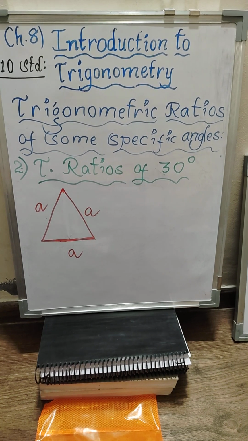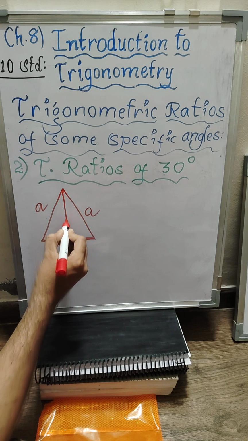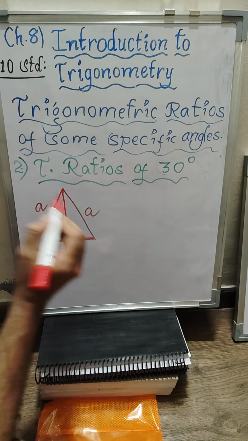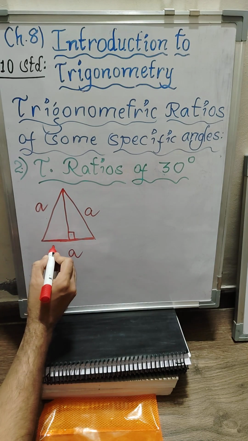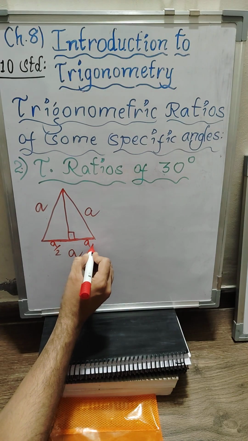Secondly, we take one equilateral triangle to find the trigonometric ratios of 30 degrees. So, here we shall draw one perpendicular like this from one of the vertices, so that the base gets divided into two equal parts, a by 2 and a by 2.